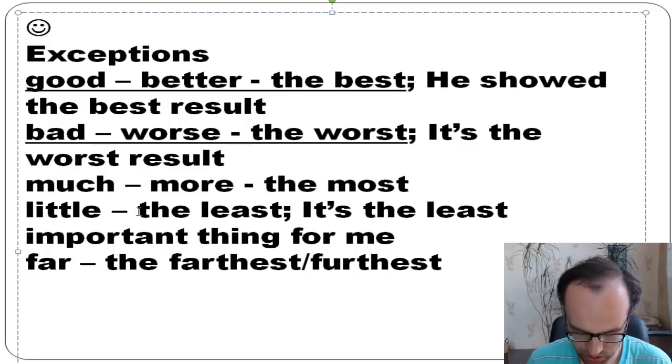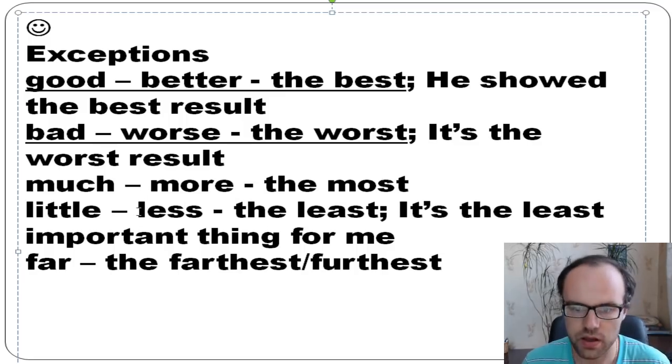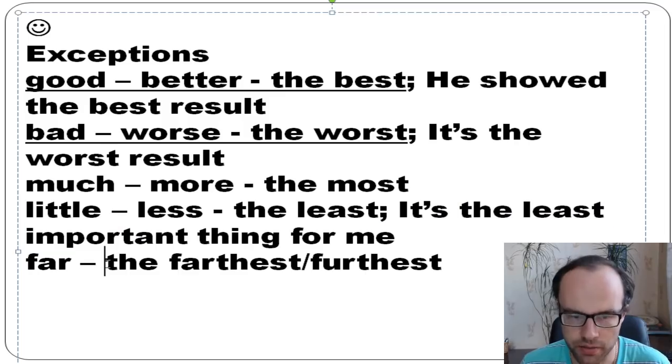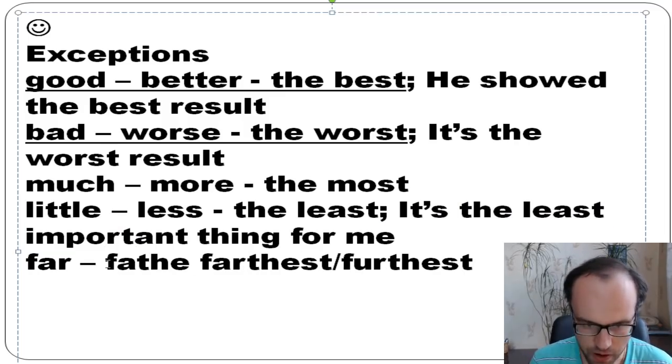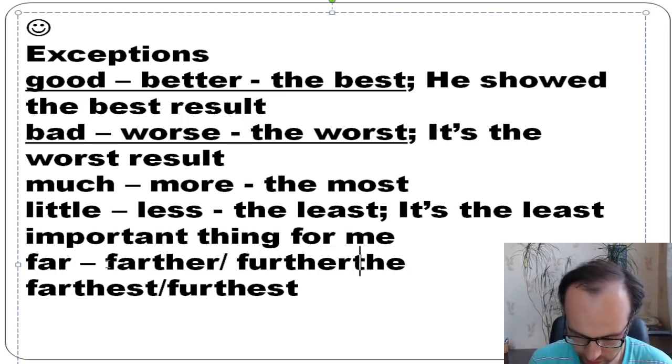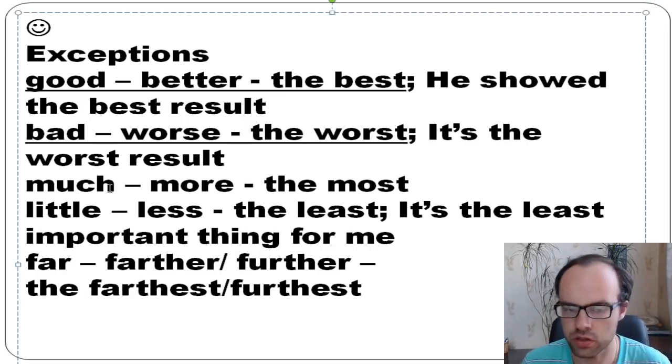Little, less, the least. So you can say it's the most important thing for me, or it's the least important thing for me, so it has the opposite meaning, okay? And far, so you can say farther or further, and as a superlative, the farthest or the furthest. Good, very good.